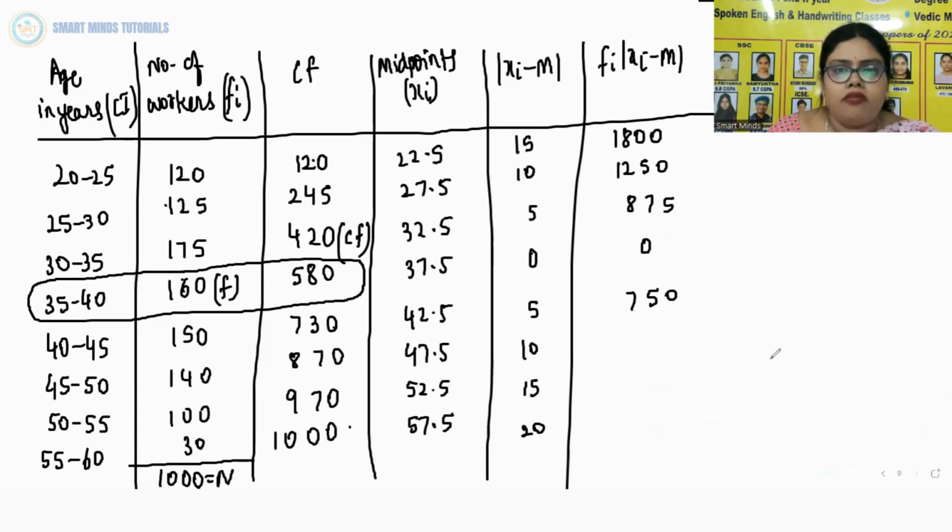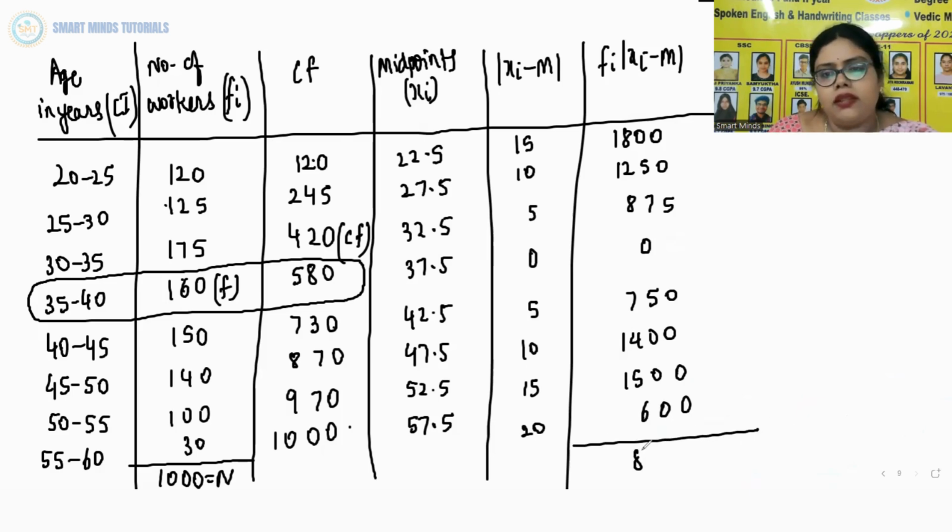Then next 140 into 10 is 1400. 100 into 15 is 1500. 30 into 20 is 600. Now if we add this, we will get 8175.